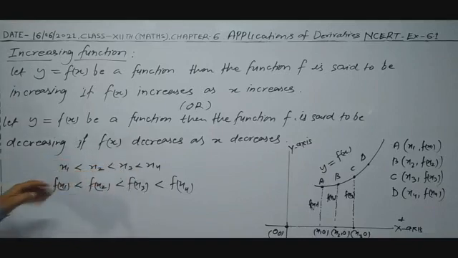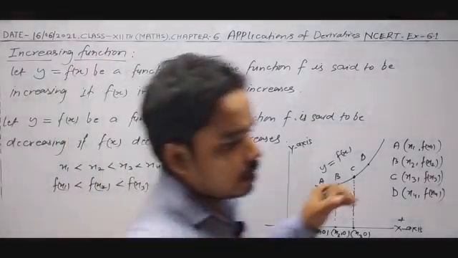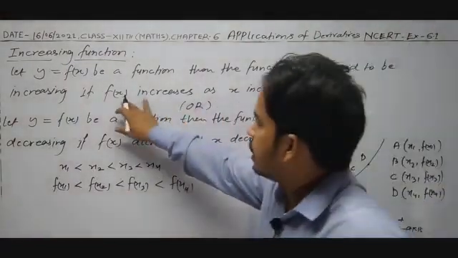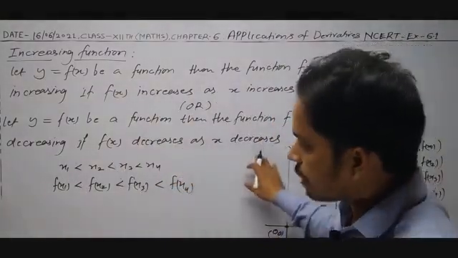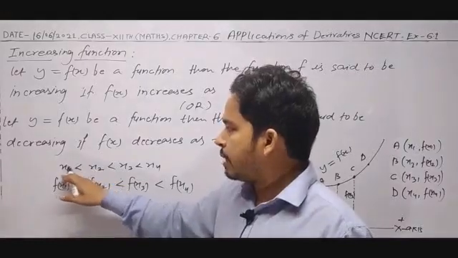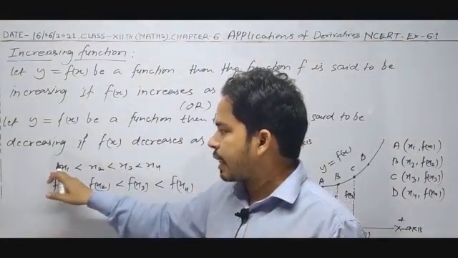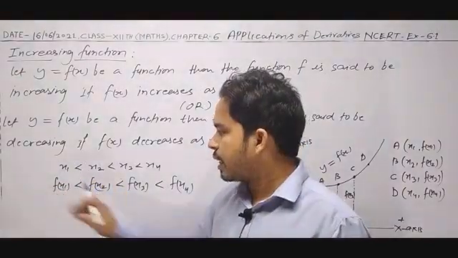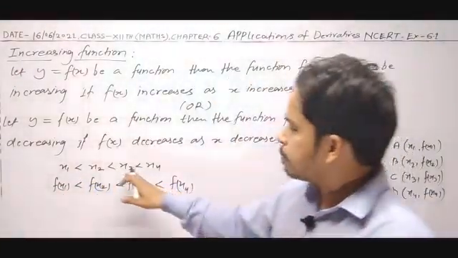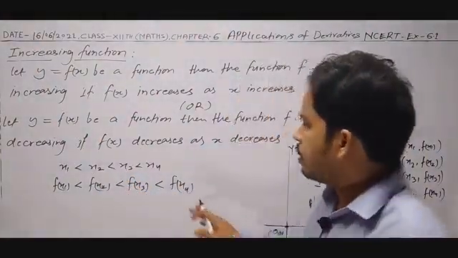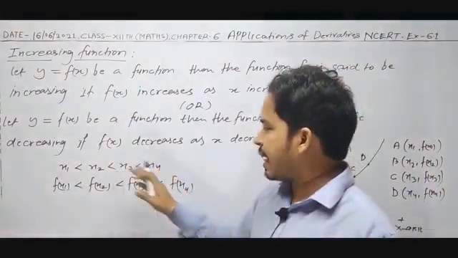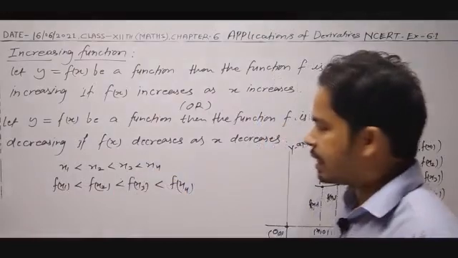From this expression it is clear that any function f is said to be increasing if f(x) increases as x increases, or f(x) decreases as x decreases. So in comparison of x1 and x2, x2 is greater than x1, this implies f of x2 is greater than f of x1. x3 is greater than x2, this implies f of x3 is greater than f of x2, and x4 is greater than x3, in which case f of x4 is greater than f of x3.